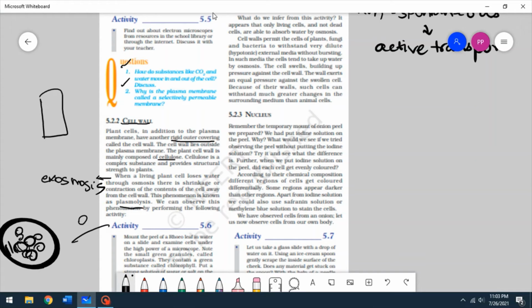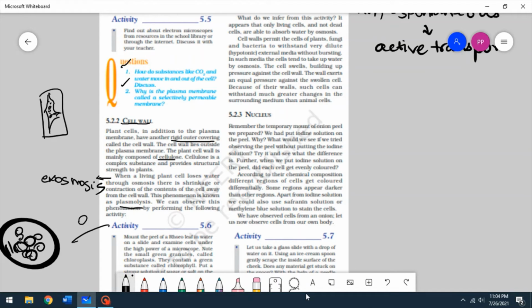The contents of the cell, if they were like so previously, now move away from the cell wall. This is a rough draft of what you can see in your textbook for the diagram of plasmolysis.